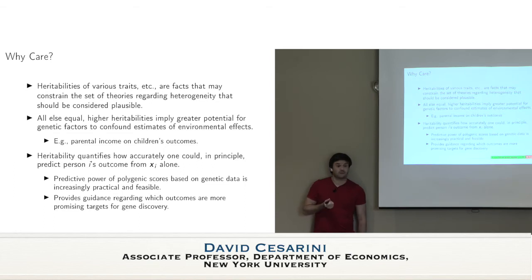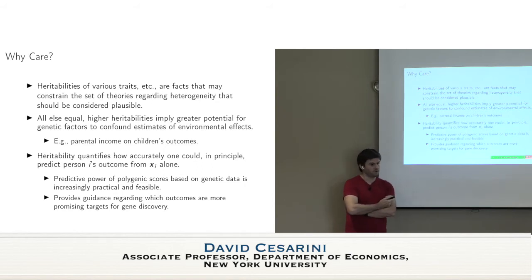But I'll also intersperse some thoughts on how GWASs might be helping us specify these models more credibly, helping us discriminate between alternative theories that, before we had the GWAS data, we couldn't really credibly distinguish between. As a result, what ended up happening in behavior genetics is that people formulated very different models that could both, quote unquote, explain certain features of the data, and it was just hard with the available information to discriminate between them in any serious way.